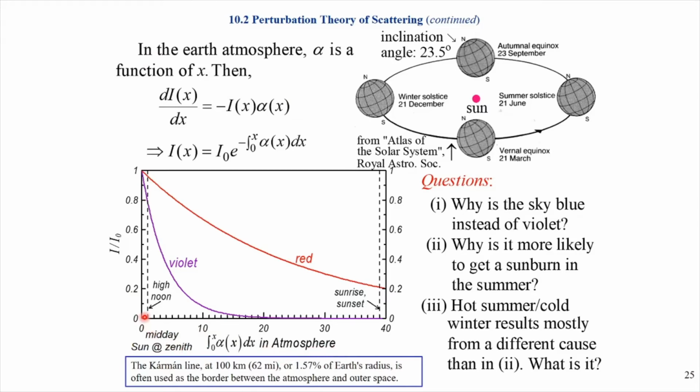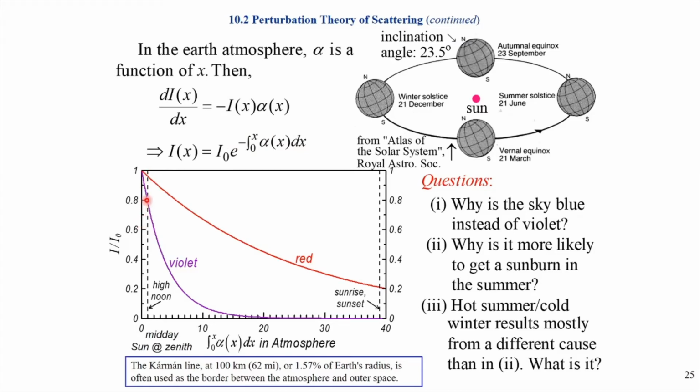At midday, the sun is at the zenith, right above you. At midday, high noon, the sun is right above your head, so it's at the zenith, roughly about 100 kilometers. So you perform the integration, and you get these relations. We know violet will scatter more, red will not.